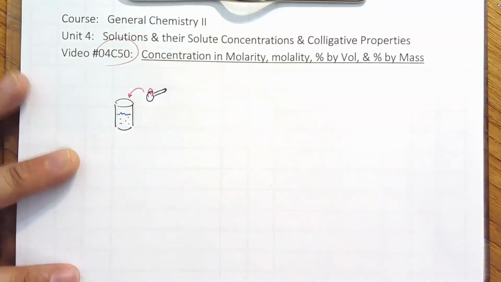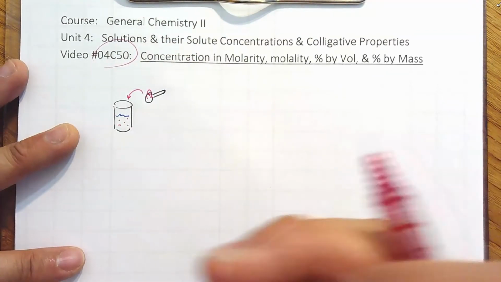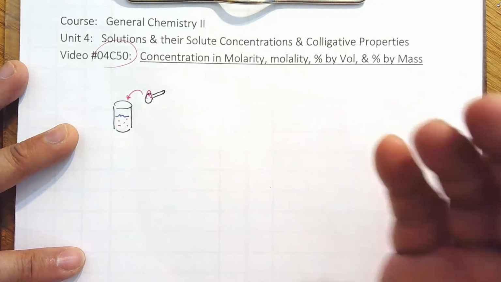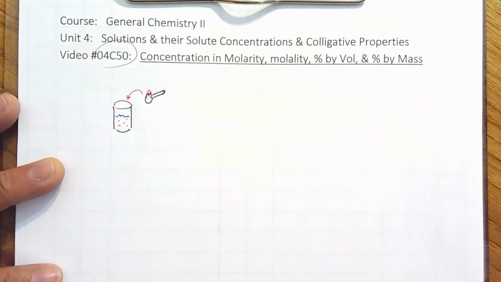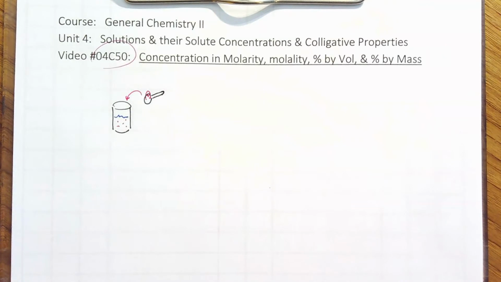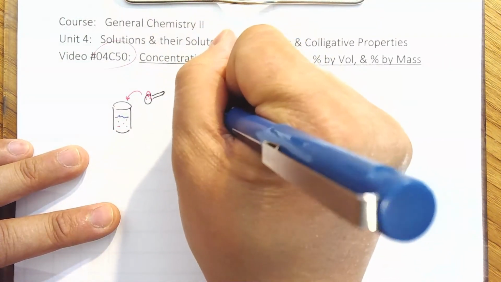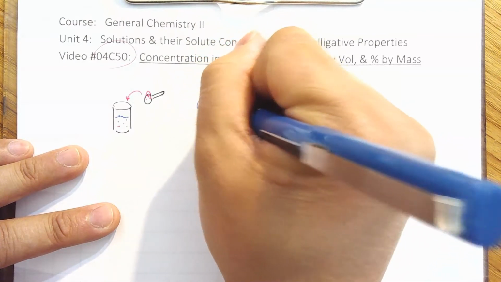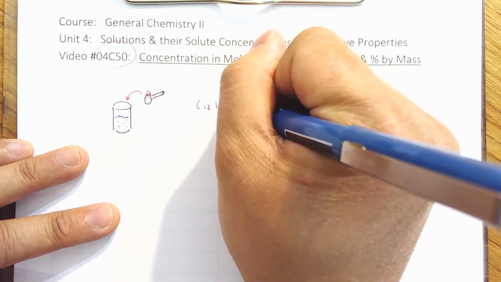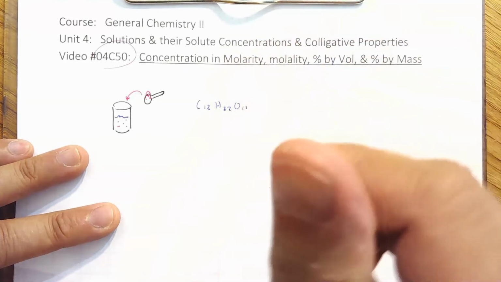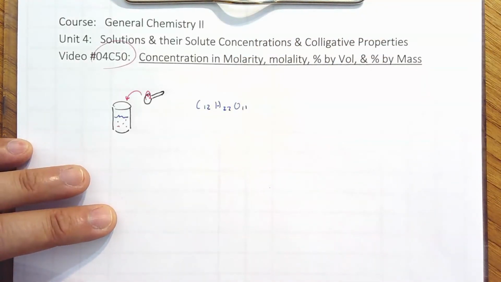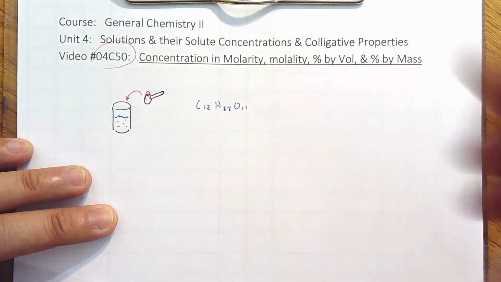When you think of dissolving, think of solvation or solvating, and the water molecules surrounding that sugar. Well, sugar has a molecular formula of C12H22O11, and I kind of messed up the general rule or the rule of thumb.